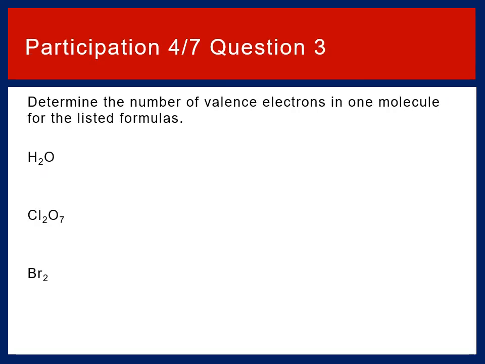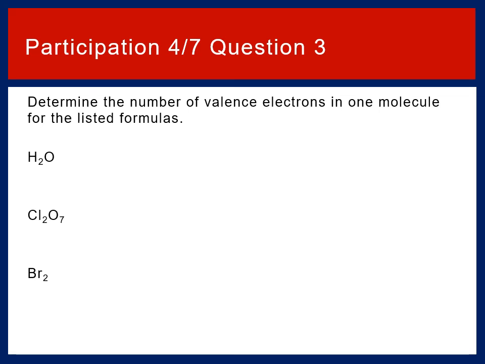Bringing us to question 3 for participation 4-7. Determine the number of valence electrons in one molecule for the listed formulas. The 3 chemical formulas that I have are H2O, Cl2O7, and Br2. For each of those, I would like to know the number of valence electrons in one molecule.